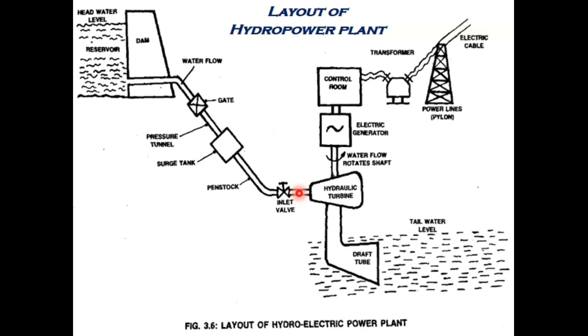The water carried by the penstock impacts on a turbine due to the nozzle arrangement. This turbine rotates, due to which the attached shaft rotates, and in the magnetic field created by the generator, electricity is formed. This electricity is stored in a transformer and supplied to the community by transmission lines.